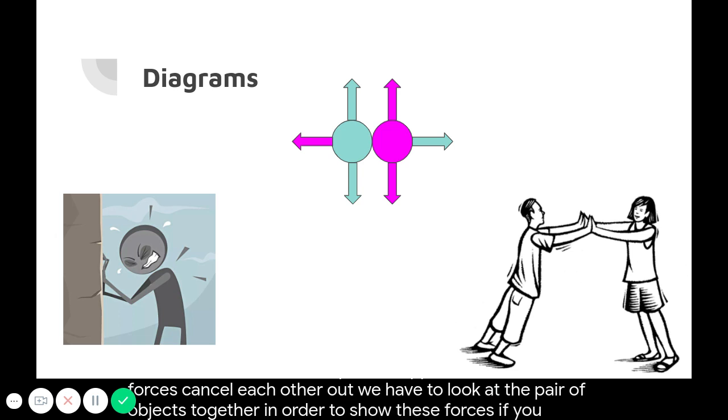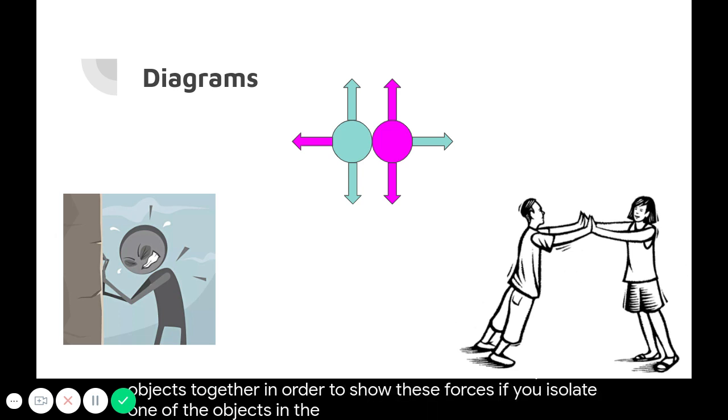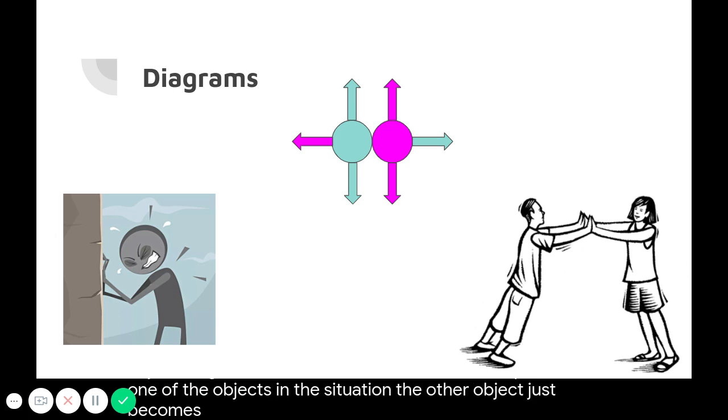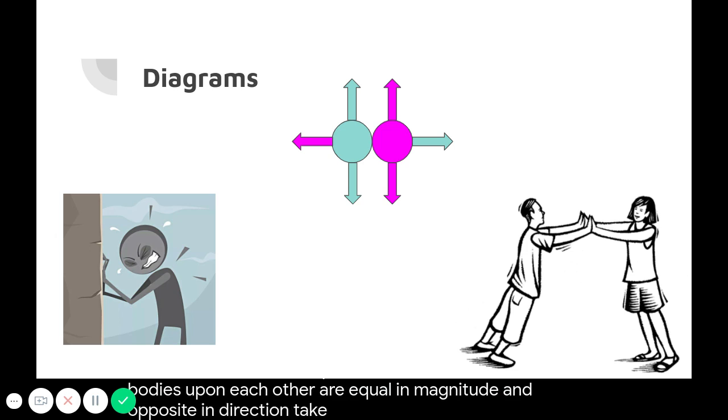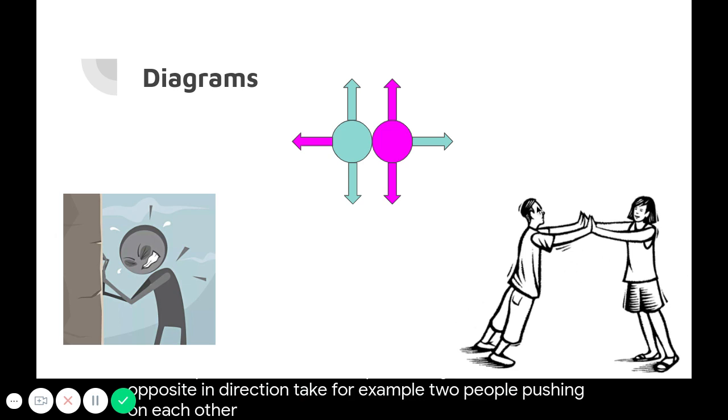If we isolate one of the objects, the other becomes isolated. Whatever pair isolates, the two bodies have equal magnitude and opposite direction.